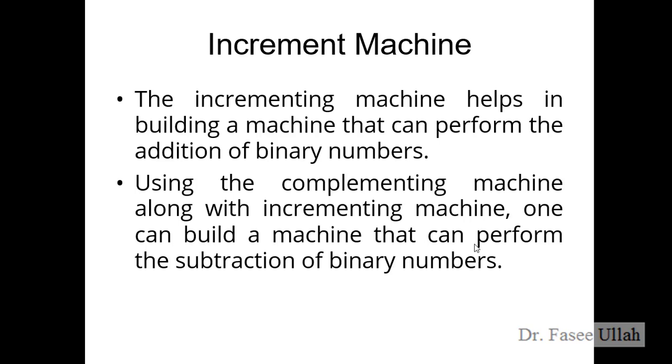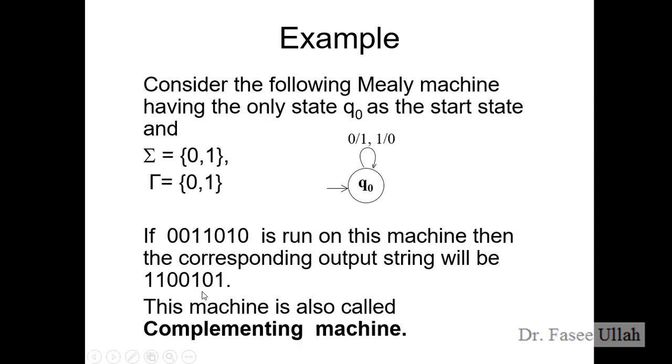Then we have another machine called the increment machine, right? The increment machine helps in building a machine that can perform addition of binary numbers. The increment machine is basically built on the complement machine. For example, this is the input value, and if I am asked to implement it on the increment machine, we just use the concept of the complement machine.